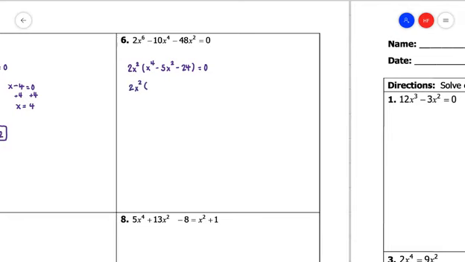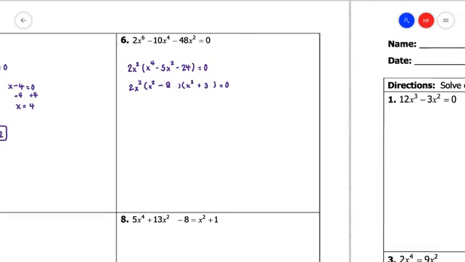So just like before on yesterday's assignment, if you need to let u equal x squared, then just go ahead and do that for the x to the 4th and the x squared. But it will work the same way as our 3-term trinomials. So here we're looking for two numbers that multiply to negative 24 but add to negative 5. We've got negative 8 and positive 3.